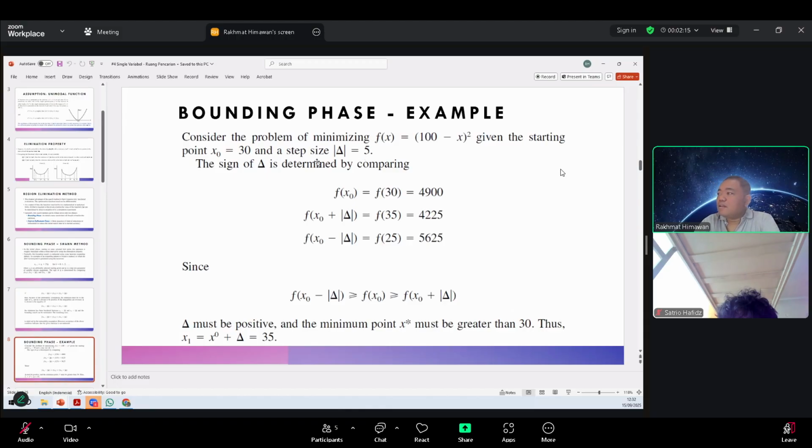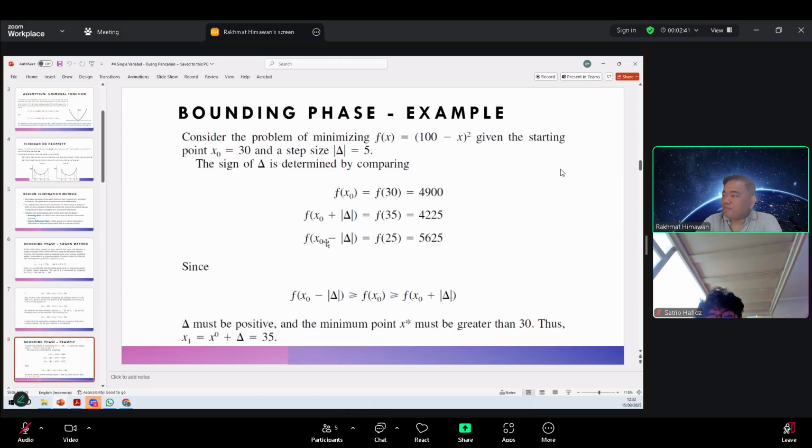Here, the sign of sigma is determined by comparing this. You just need to put x0 as 30. What is f(30)? 4,900. If f(x0 plus delta), which is f(35), is 4,200-ish.